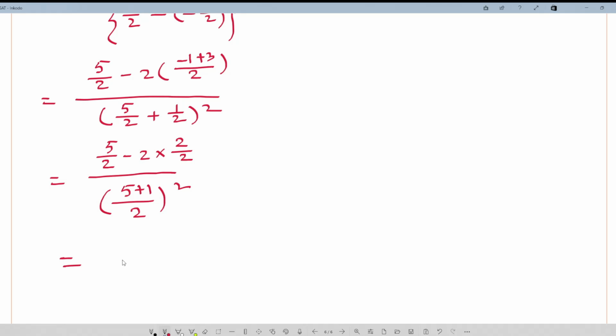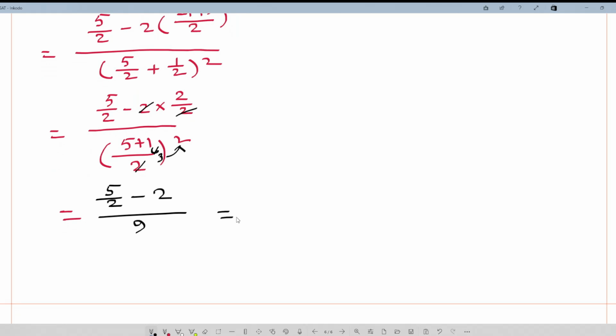Okay, now look, these 2 and 2 we can cancel, so here is 5 divide 2 minus 2, and here 5 plus 1 it means 6, 6 divide 2 it means 3, 3 square it means 9. We can write it directly, or if you want you can do some extra line.